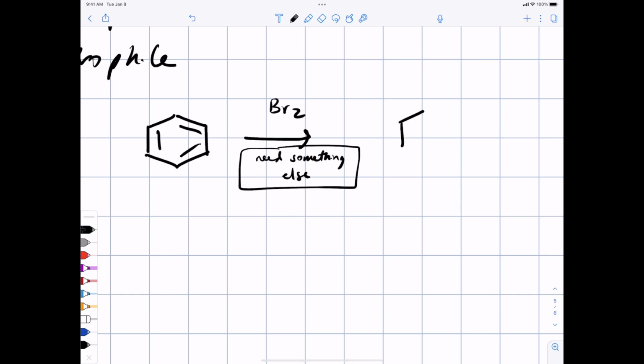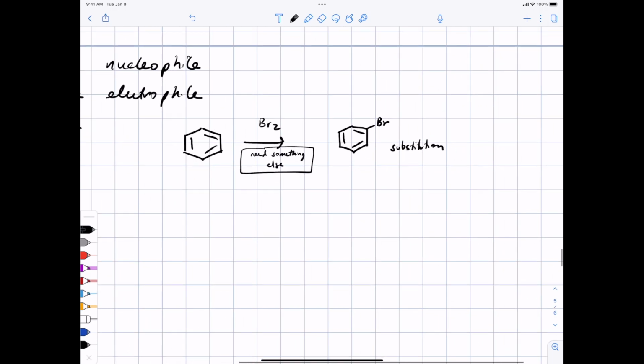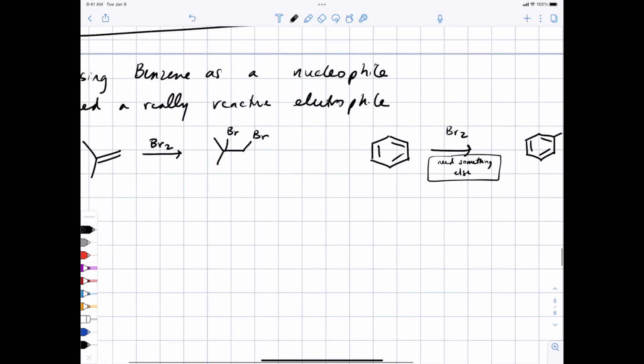But even then, the product is not going to be an addition product, but a substitution product. The reason is that the drive to keep aromaticity is so strong that we get to an intermediate where we've added one bromine, and then we do something else to get aromaticity back.